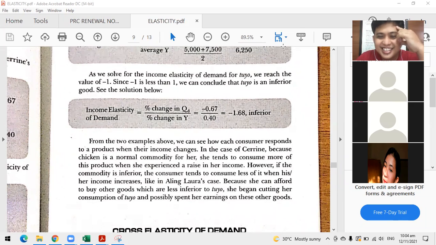Si Mildred, pag nag-times 1,000 yung baon niya, times 1,000 din yung kamote. Teka lang saglit. Masakit sa ulo.